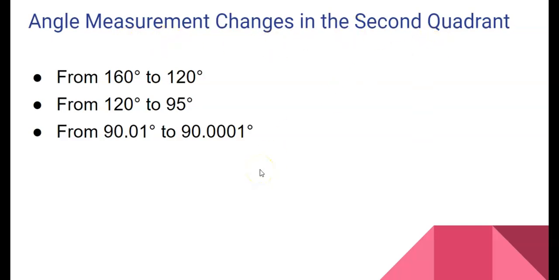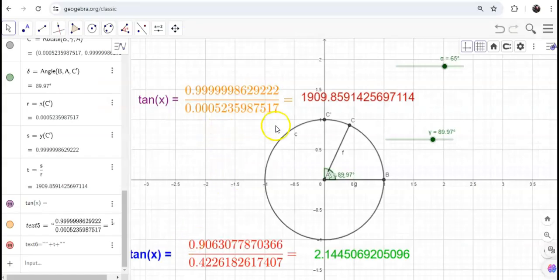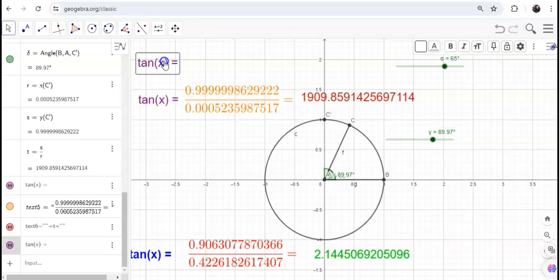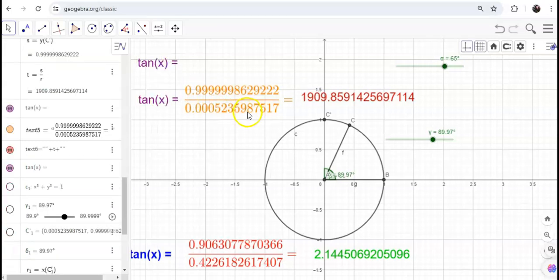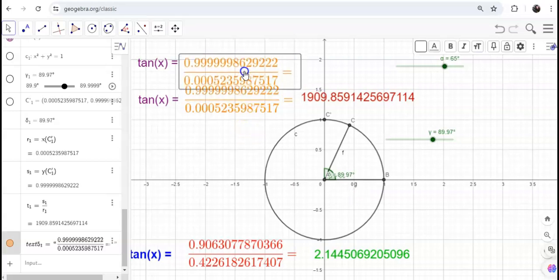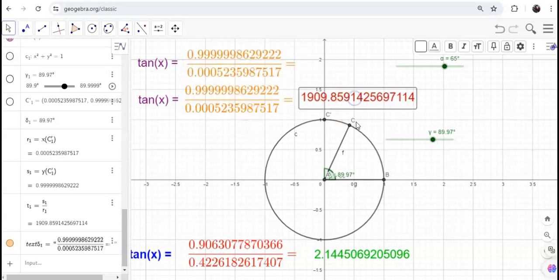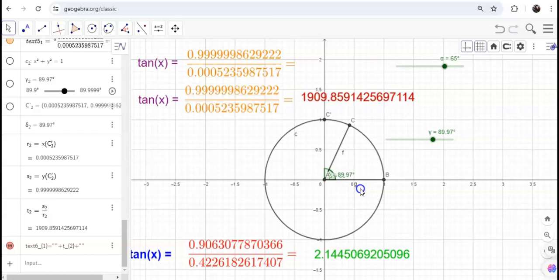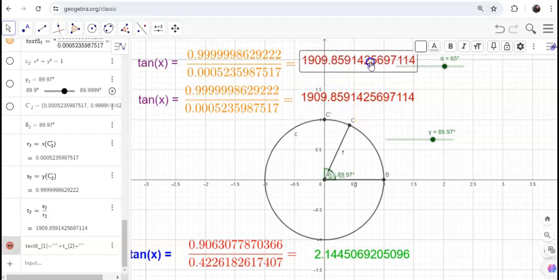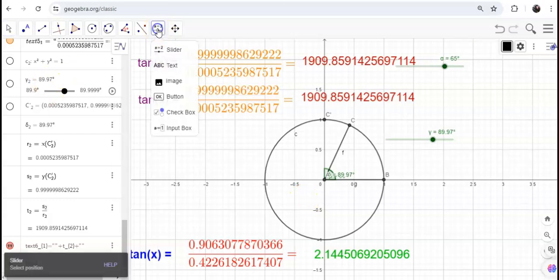Now, let's observe some angle measurement changes in the second quadrant. We will add sliders to visualize the angle changes in the second quadrant. So let me demonstrate and please observe. We will reuse an applet with tangent values in the first quadrant. We're going now to add a slider.